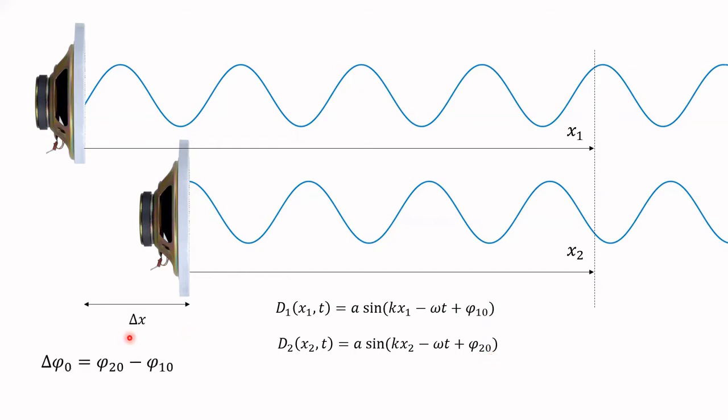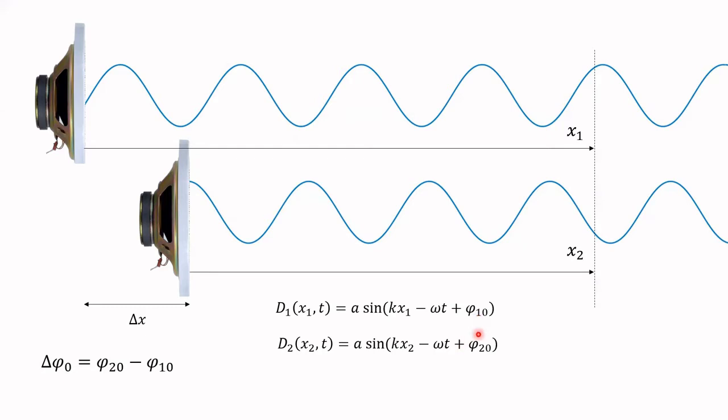Let's use the symbol delta x, obviously, for the displacement between the speakers, the distance between them. I guess it would have a plus or minus, depending on which one was in front. And then delta phi sub 0 is the difference in the phase constants. So there's a couple ways you could word this here.